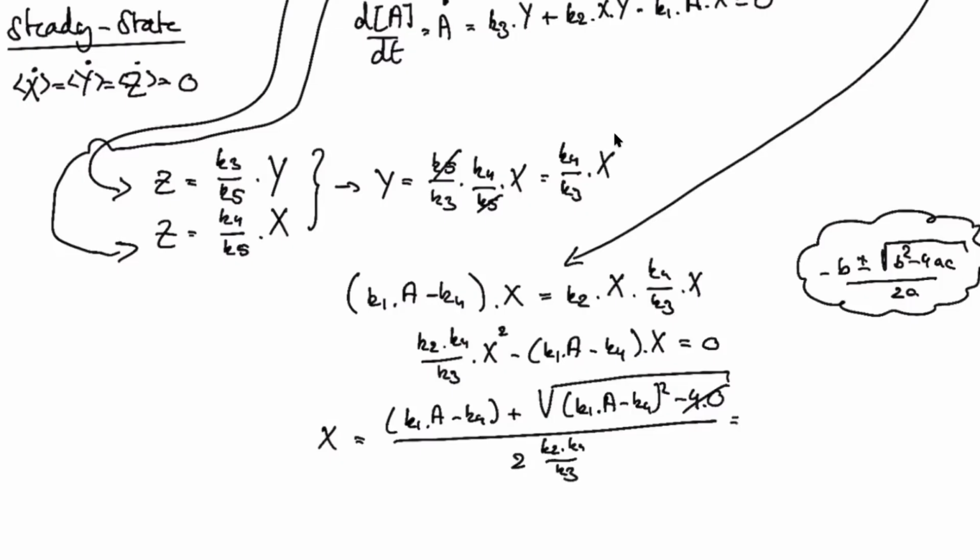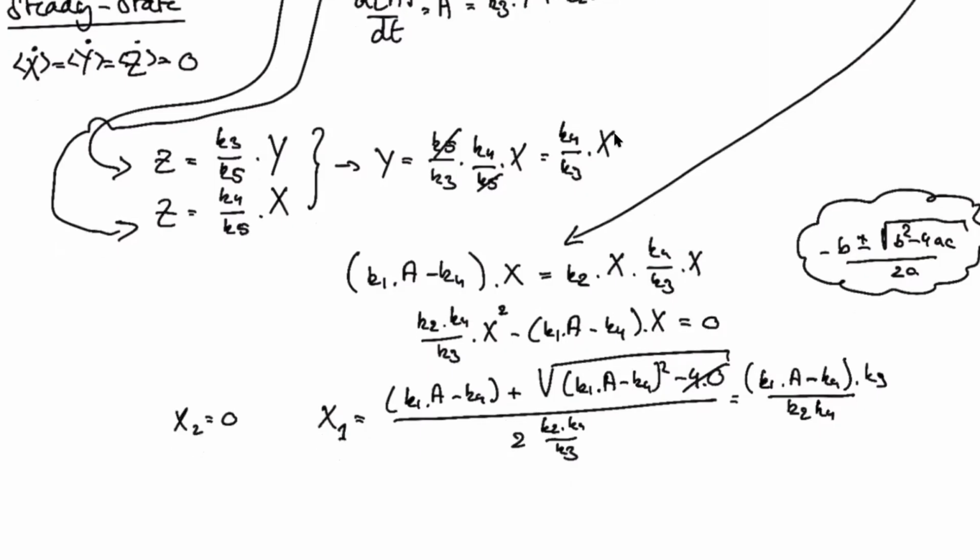And that turns out to be K1 times A minus K4 times K3 over K2 K4. So that's one solution. The other one, of course, is X2 is 0. So it's 0 or that.